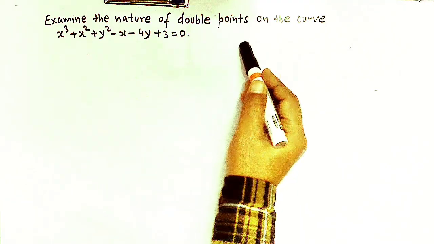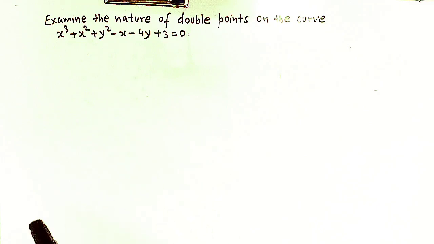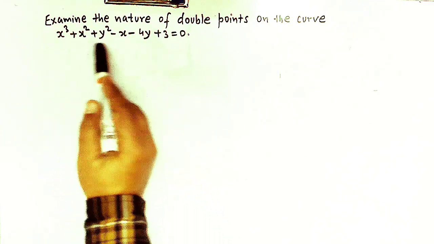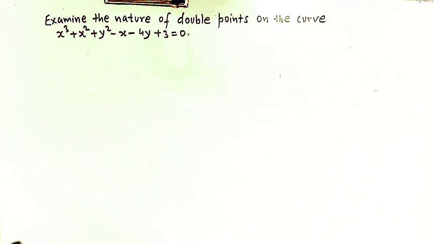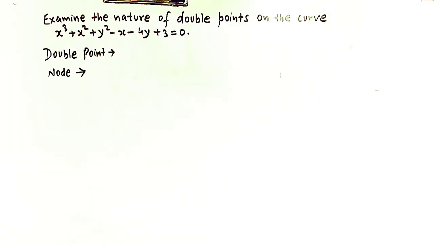So we'll see the working rule, how to prove that this given curve has a node as a double point. So let us first quickly see the definition of double points and the definition of a node as a double point. So let us first consider the definition of double points, right?